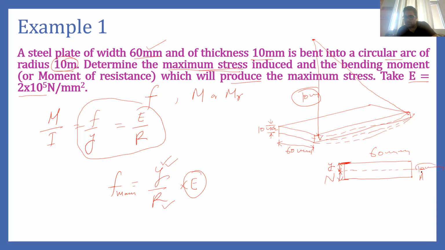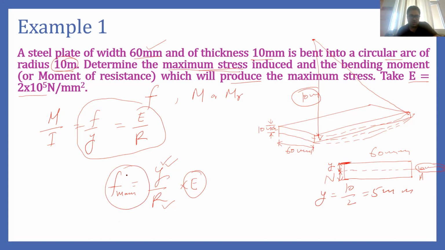So the total thickness of the plate is 10 mm. So here Y will become 10 by 2, which becomes 5 mm. So here we are able to find out the value of Y, and R value is already given, E value is given. So we can find out F with this relation.